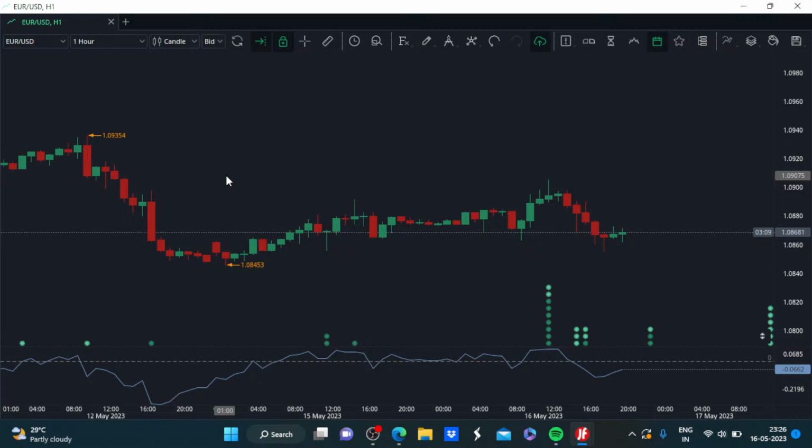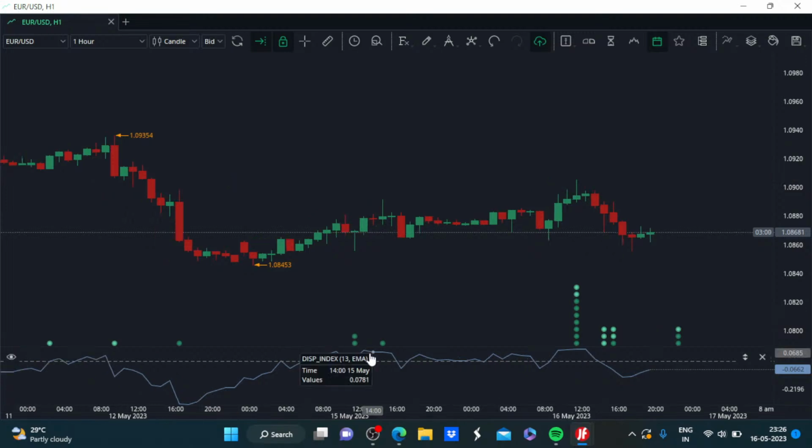Now, if we look at the disparity index with 13 as the calculation period, the default uses EMA. That simply means we are taking the EMA for the last 13 candles, then comparing the last closing value of the Euro USD with this EMA value to see where things stand.